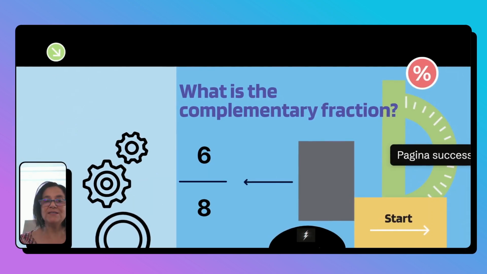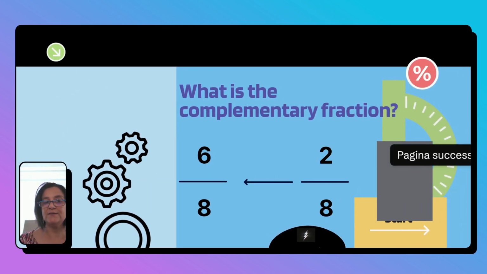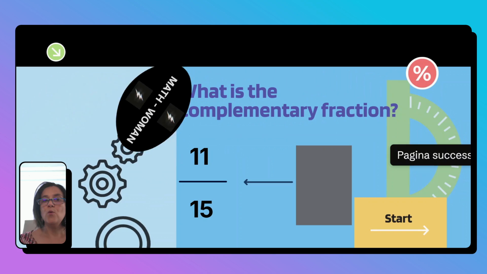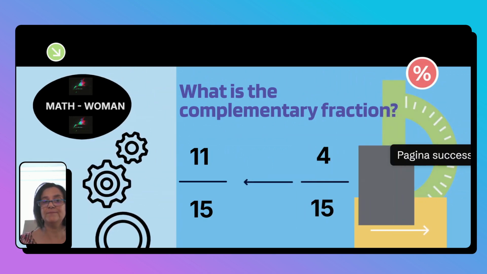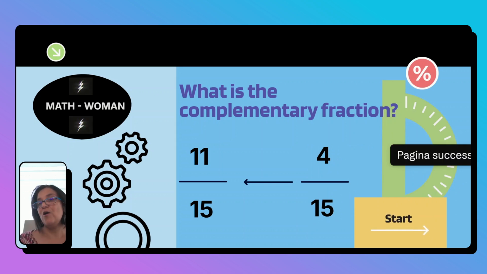What is the complementary fraction of 6 over 8? 2 over 8, because I need 2 more parts to reach 8 over 8. What is the complementary fraction of 11 over 15? 4 over 15, because I need 4 over 15 to reach 15 over 15 if my starting fraction is 11 over 15.